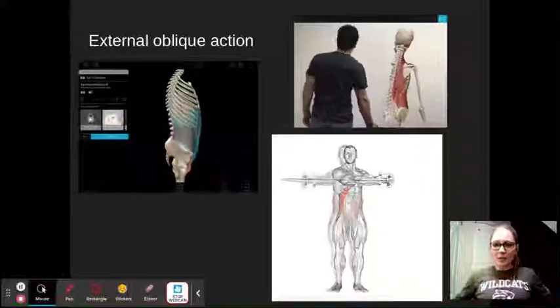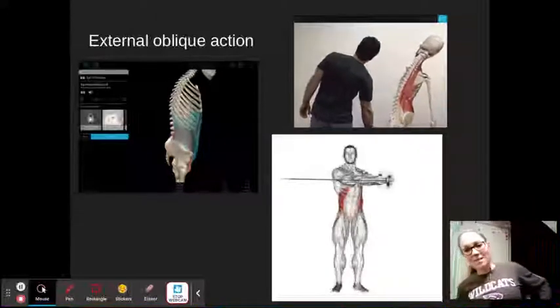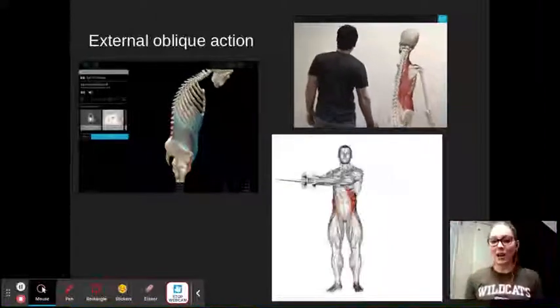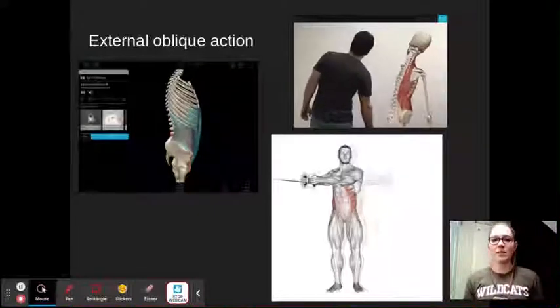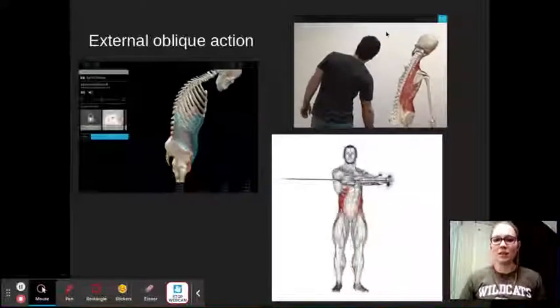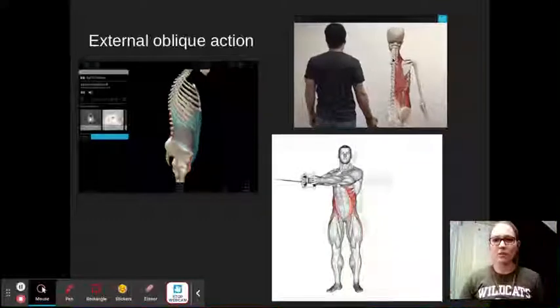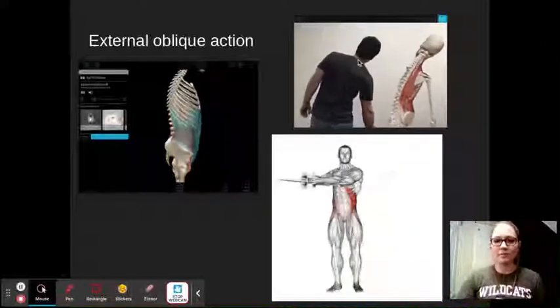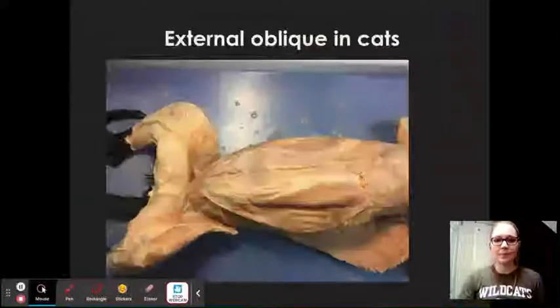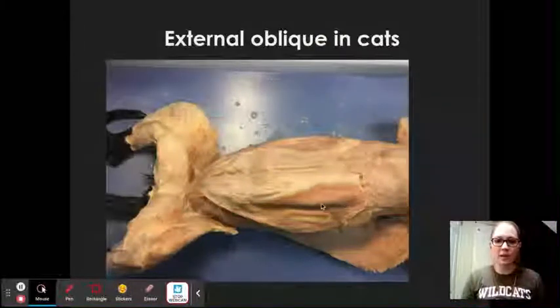Think about where this muscle is, do the motion and feel it, because that's really going to help you do better in this unit. So here, that's the lateral flexion that we were talking about for the action. And this is the external oblique here in the cats.